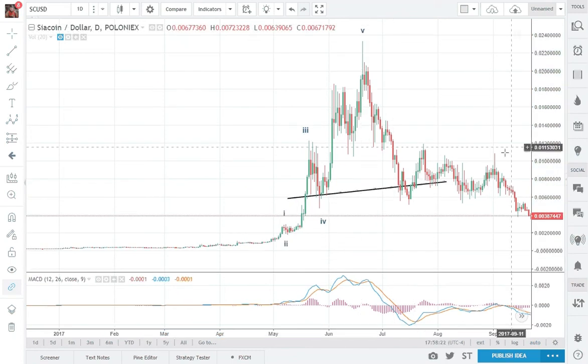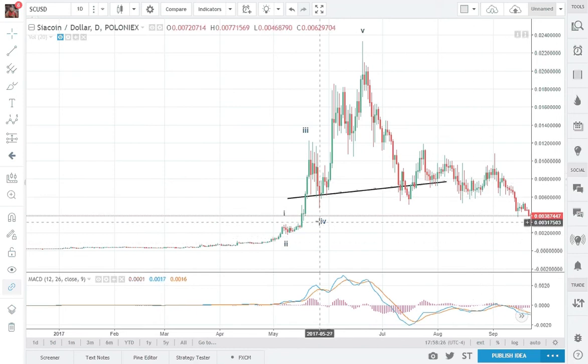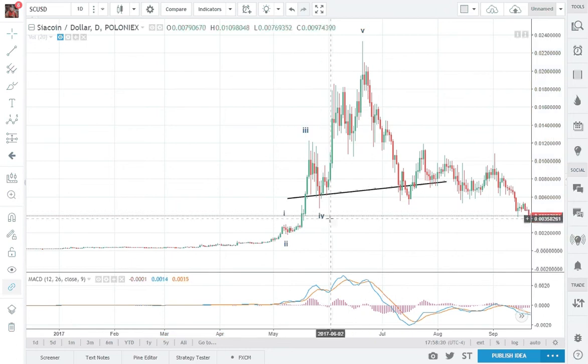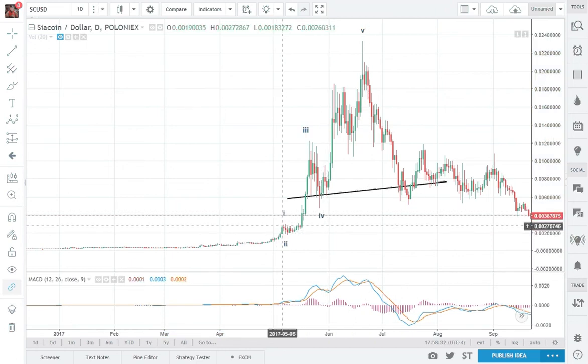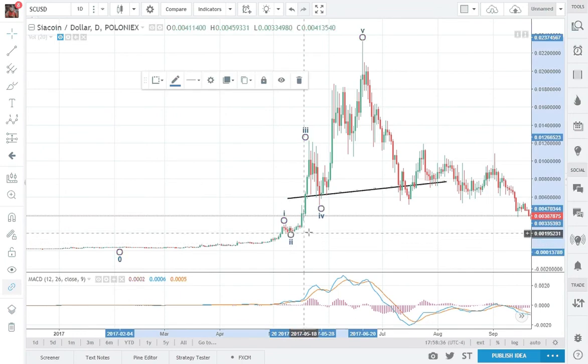Does this make sense? I think so. It abides by the rules. Let's see. Wave 1 and 2. The bottom of 2 does not equal or exceed the beginning of 1. Check.